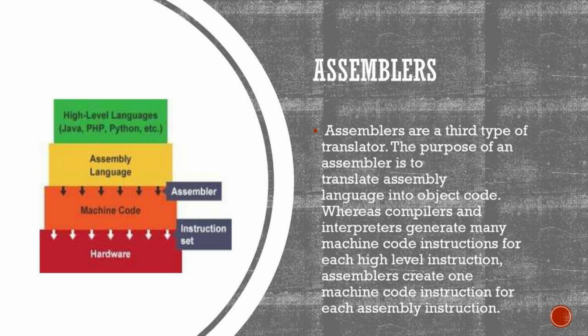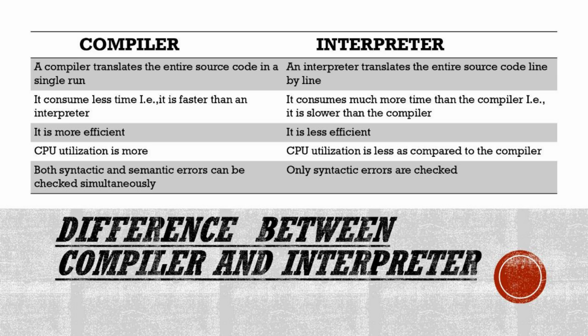Next is assembler. Assemblers are a third type of translator. The purpose of an assembler is to translate assembly language into object code, whereas compilers and interpreters generate many machine code instructions for each high-level instruction. Assemblers create one machine code instruction for each assembly instruction.